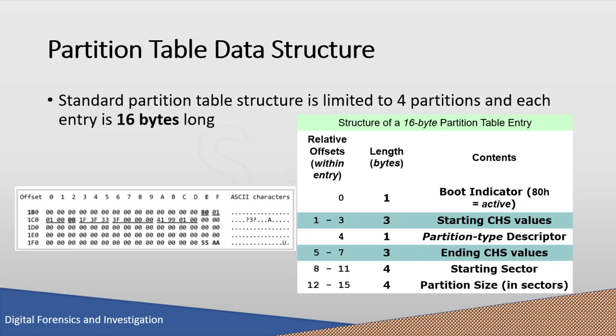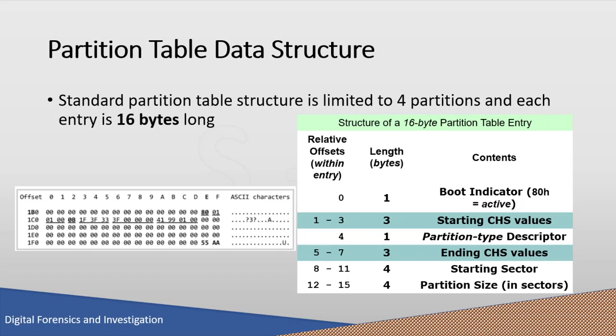Next 4 bytes represent the starting sector, and this value uniquely identifies the first sector of a partition, just as the starting cylinder head sector value does. The next 4 bytes represent the partition size in terms of total number of sectors.